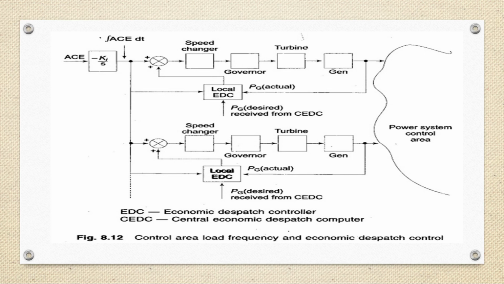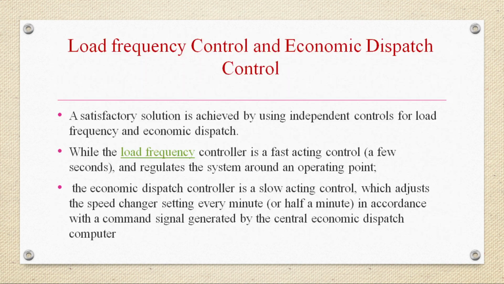PG desired is computed by the central economic dispatch computer, CEDC, and it will be transmitted to the local economic dispatch controller EDC, which will be installed at each station. The system will operate with economic dispatch error only for a short period of time before it can be readjusted.